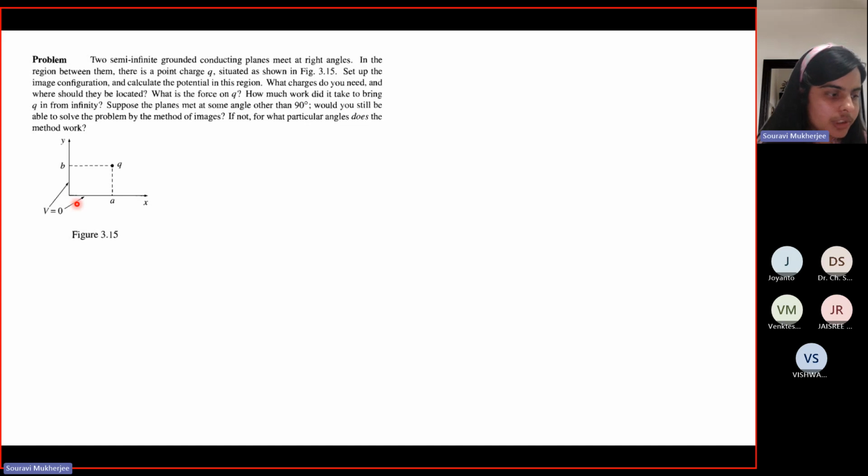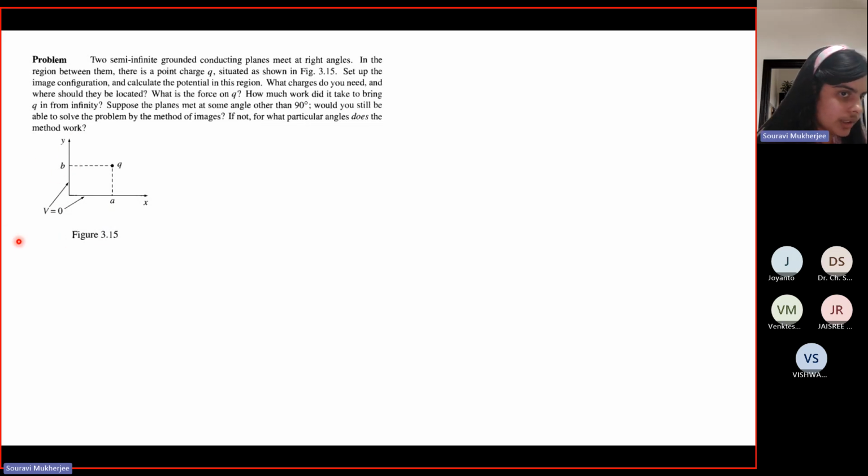So basically, you need something which, so here you have some Q charge, okay? And for this Q charge, you are expected to have a potential here, but you want to set the potential to 0. So what you will do, you will put a minus Q at an equal distance from the x plane, right? Now, because you have put a minus Q here, you also need the potential to be 0 along the y direction.